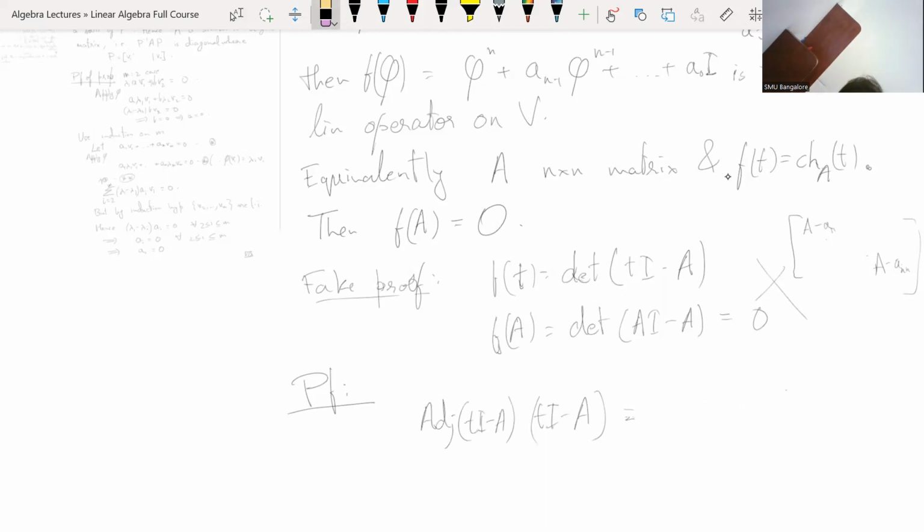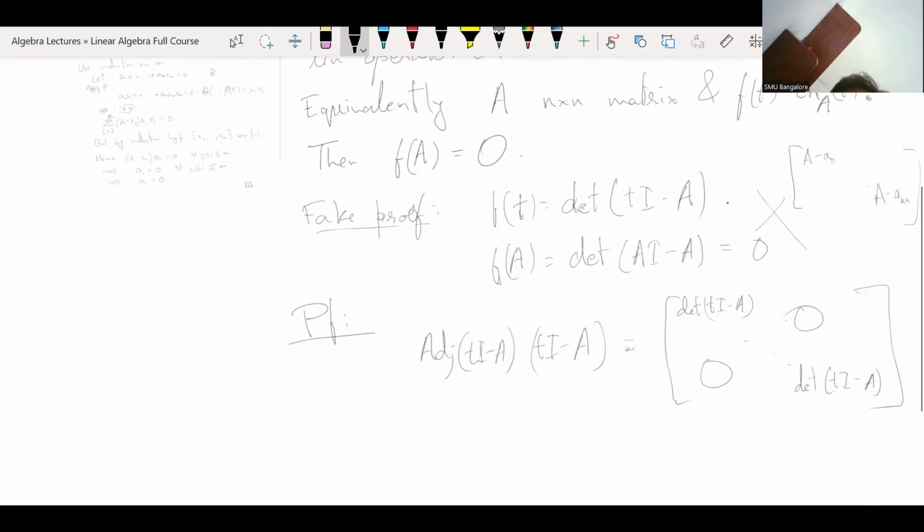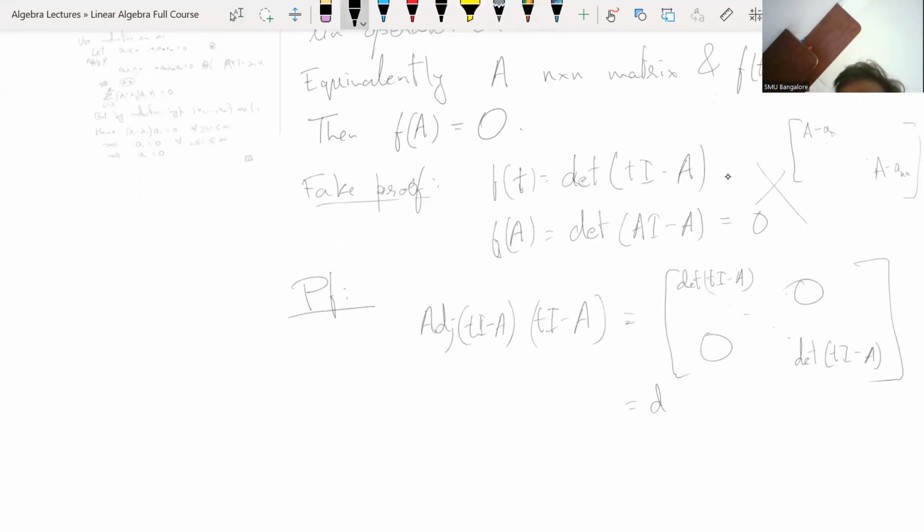T is just a number, so think about it as a number. So it is some matrix. This is determinant of tI minus A, and the diagonal is a diagonal matrix with entries this, and this is 0. So it is basically determinant of tI minus A times.